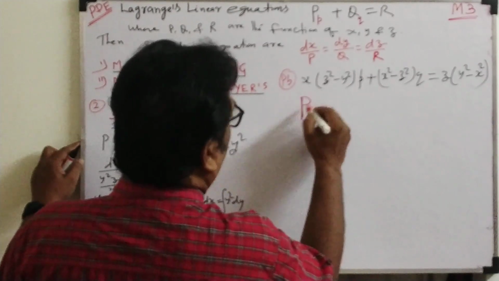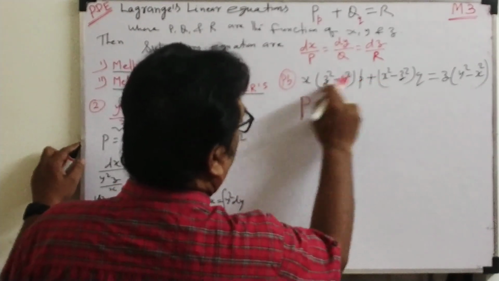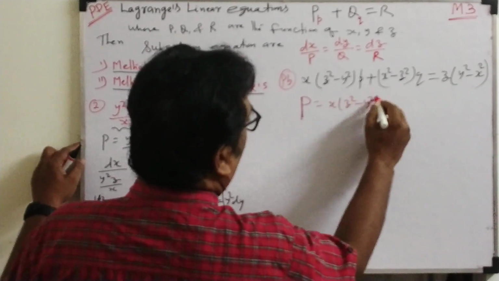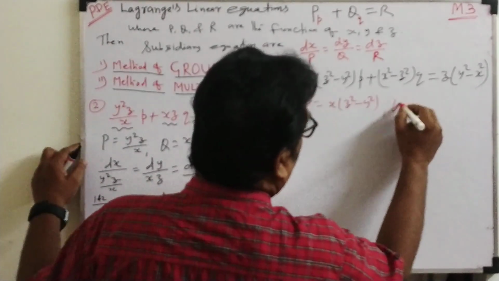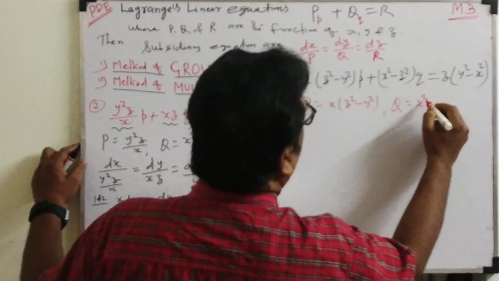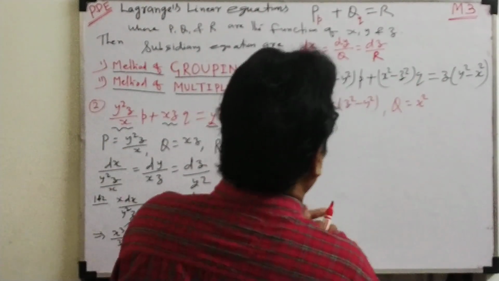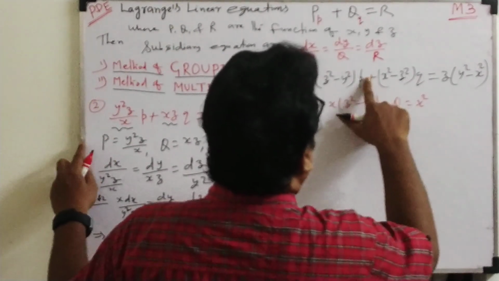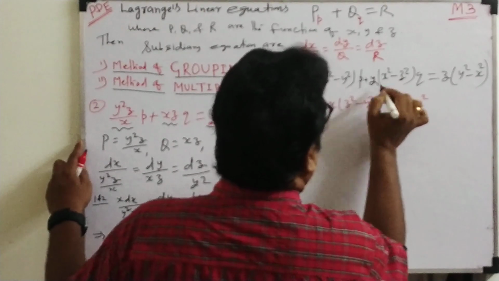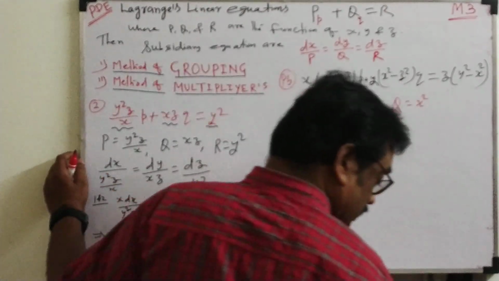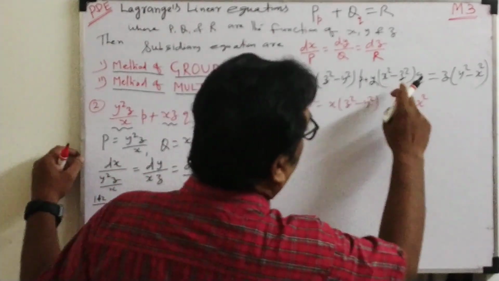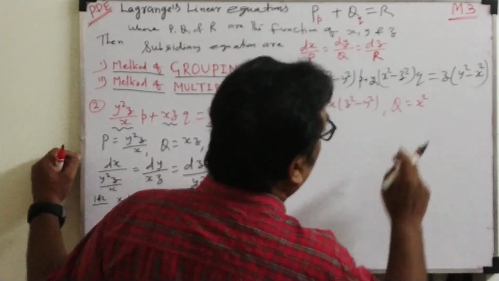Now what is the P here? x, z square minus y square is nothing but P. What is Q? x square minus z square, with y missing, plus y. P again: check, x, z square minus y square P, then plus y, x square minus z square Q, and z.